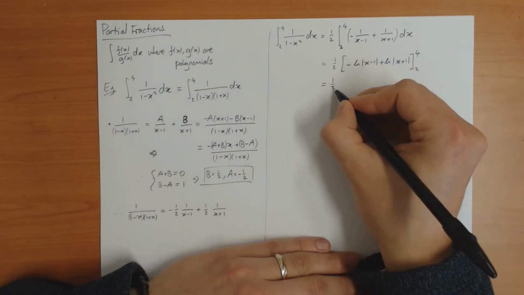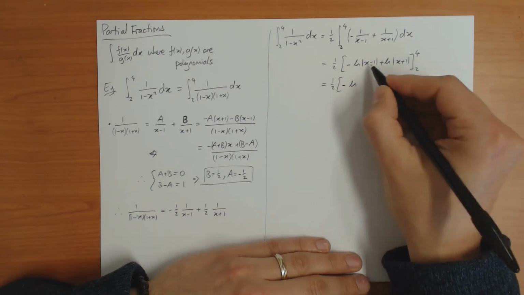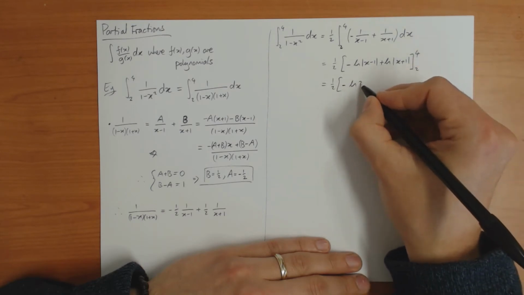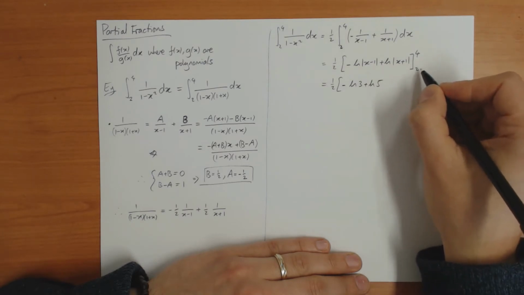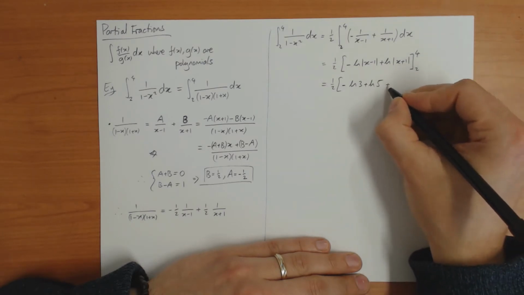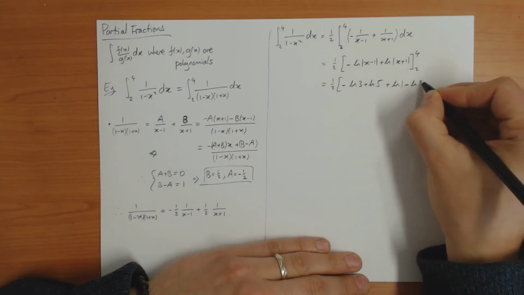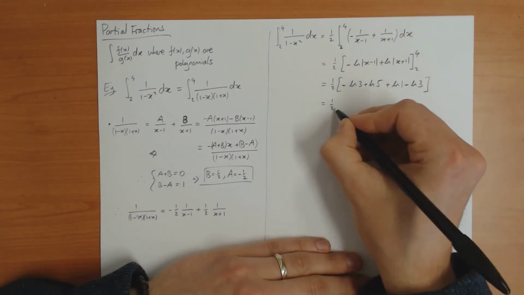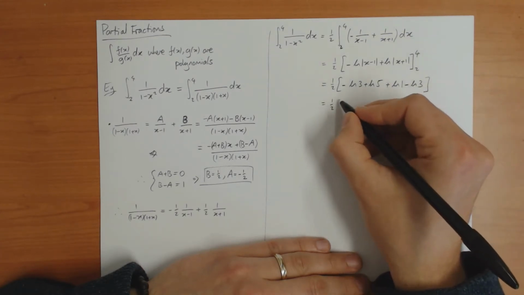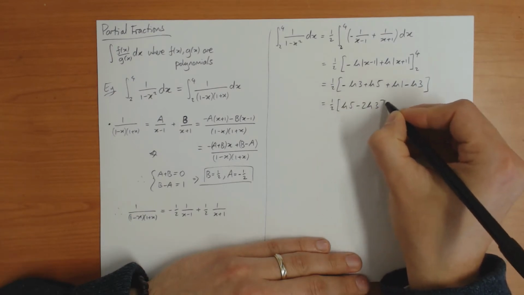So when x equals 4, this gives you minus log of 3 plus log of 5. And when x equals 2, this gives you plus log of 1 minus log of 3. In other words, this is a half, and log of 1 is 0, so you get log 5 minus 2 log 3.